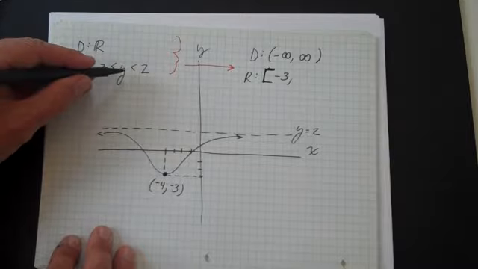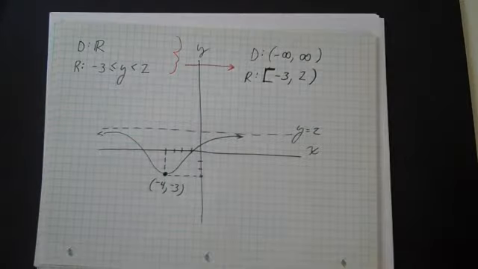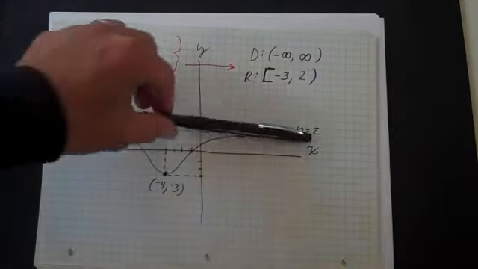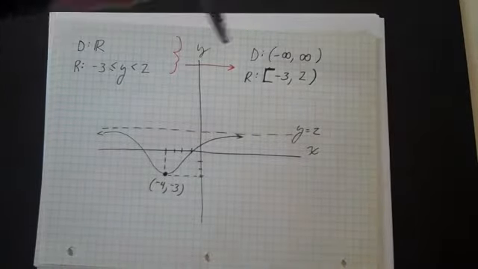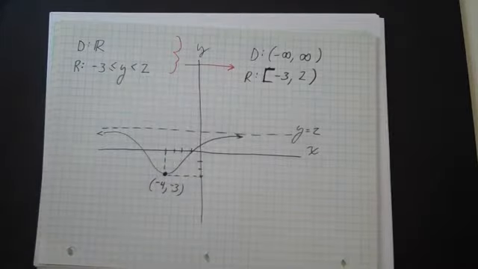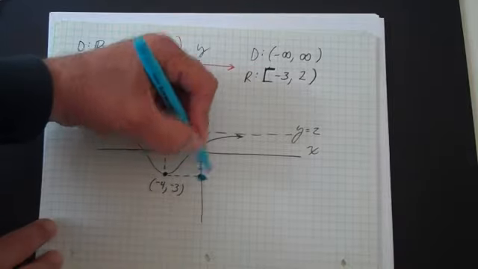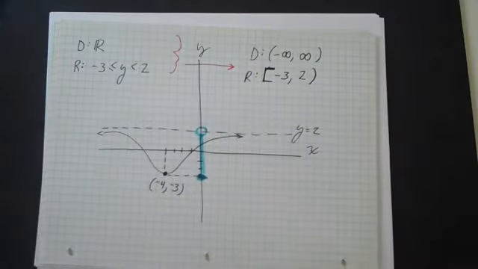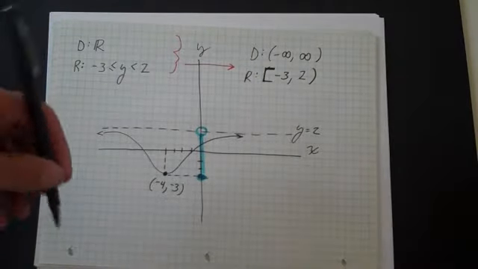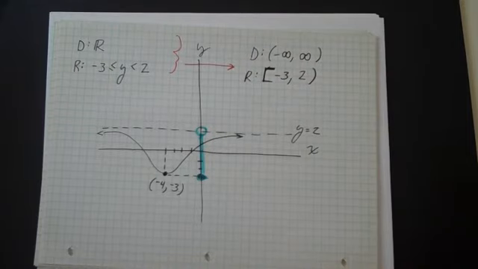And it's not going to include 2, so that's going to be an open parenthesis. It includes the minus 3, but it doesn't include the positive 2. So we write that in interval notation as closed bracket minus 3, comma, 2, open parenthesis. And that's how you do domain and range from a graph.